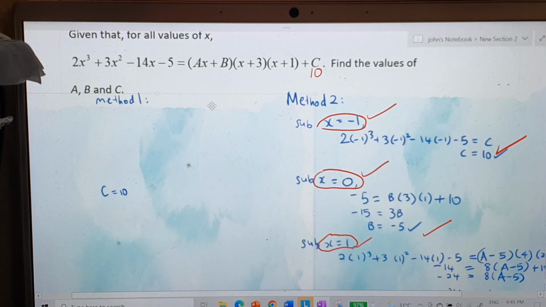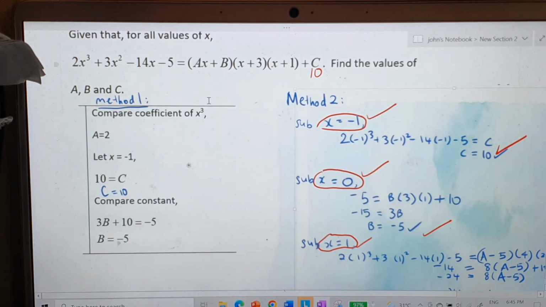Now, for those who prefer to use compare coefficient, as I mentioned, compare coefficient can be quite fast, but so is this substitution method. It depends on how good your algebra is.